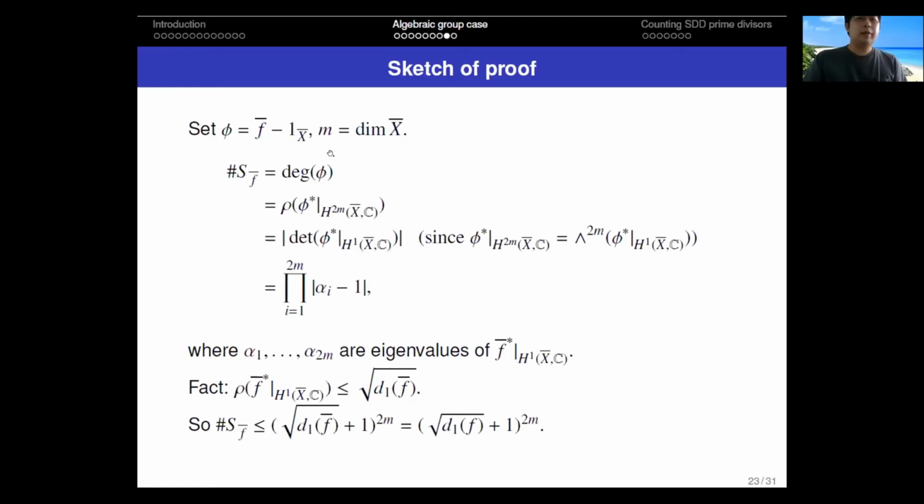It is the degree of phi, and we can compute it because the cohomology groups of abelian varieties are known.